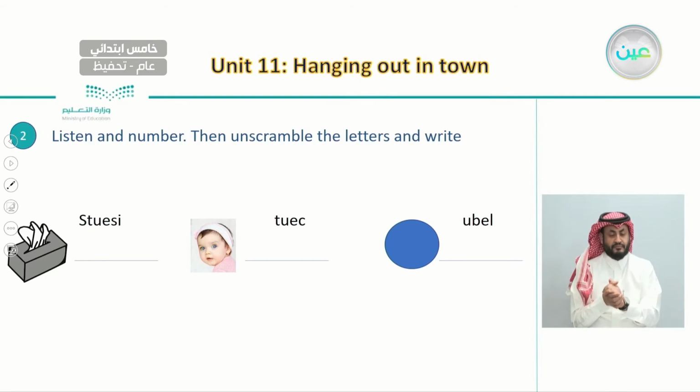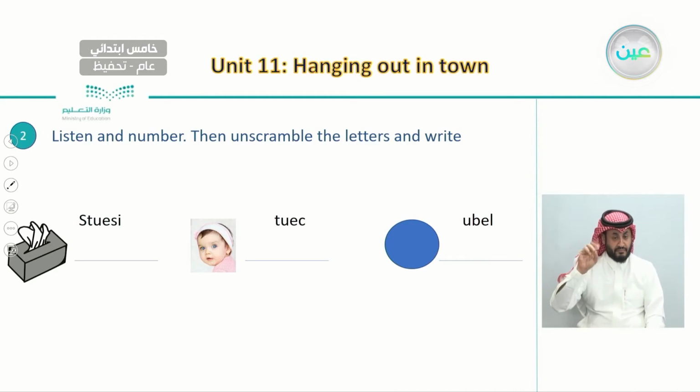Now let's have a look at the first word, and I would like you to listen really carefully and tell me how we can unscramble the letters to write the correct word. So this is a picture of the first word, which is tissue.